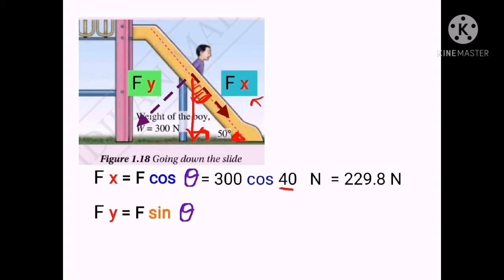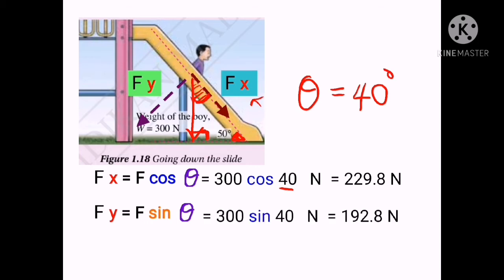Again, theta has to be in between F and Fx. So my theta we're going to use is 40 degree. Substitute your F 300 Newton, your theta as 40. So my Fy is equal to 192.8 Newton.